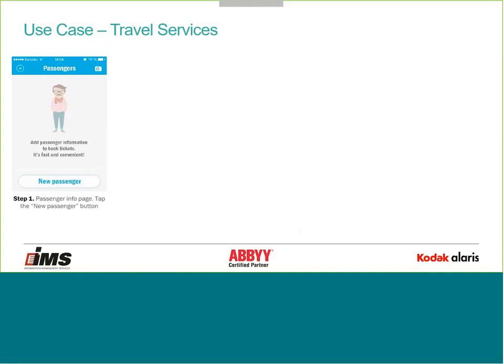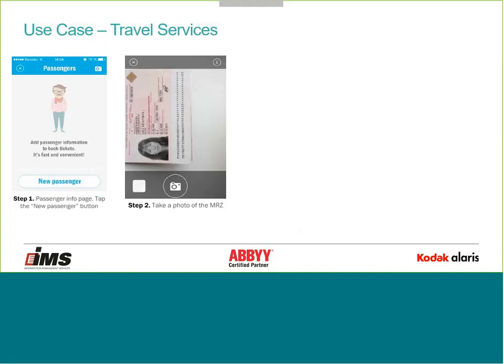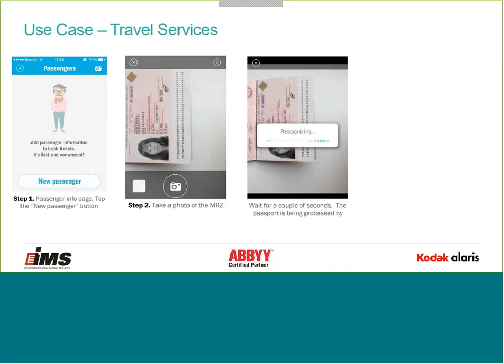A passenger might be looking at a flight and they go to the information page where they've got to input all their pertinent customer data. What they're able to do now in the next step is they're able to say, oh, let me get my passport out. They're able to take a picture of their passport, and then what happens is the software that's available to them will recognize the passport.